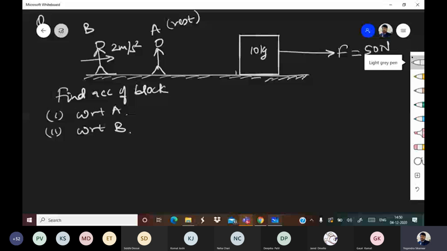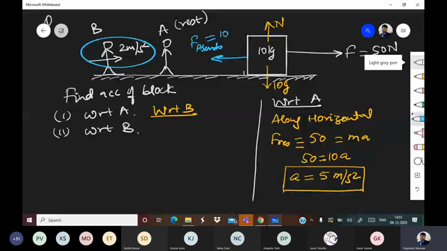So as B is accelerated frame, we have to apply a pseudo force. And F pseudo will be how much? M, which is 10, into A ref, that is 2, so that comes out to be 20. Now pay attention everyone. Why we have applied the direction of pseudo force opposite to the acceleration? Because that's how it is defined.